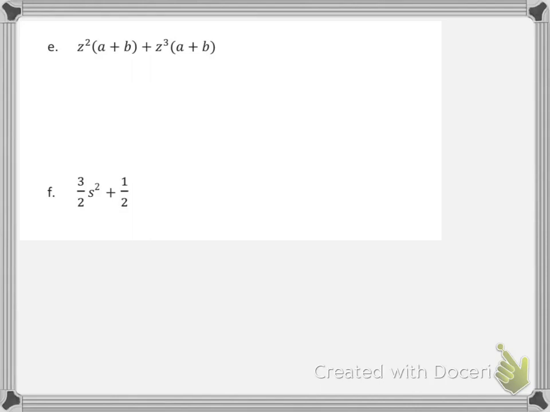Well, I've got to put these together first. So let's look at E. I have z squared times a, so that's going to be a z squared.